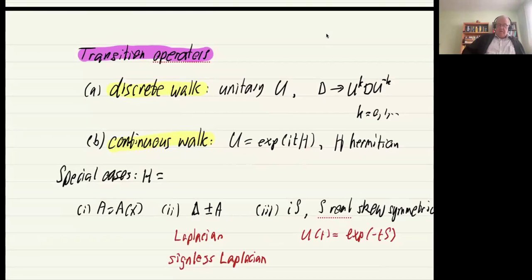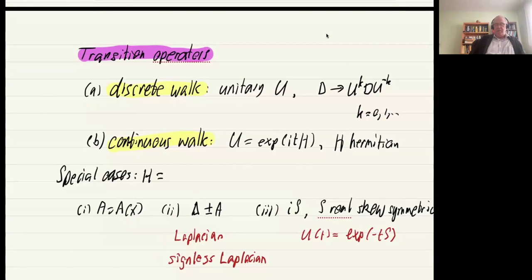Let's go through the special cases. There are three special cases I want to talk about. One is H is the adjacency matrix. Second is when H is either the degrees plus the adjacency matrix, which is the signless Laplacian, or the degrees minus adjacency, which is the Laplacian. And the third case will be iS, where S is a real skew-symmetric matrix.